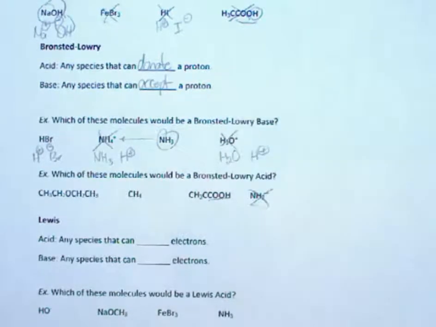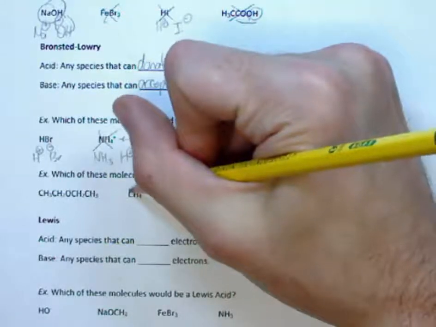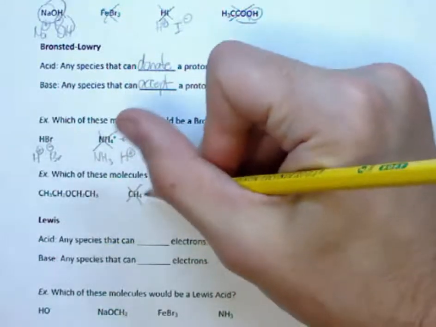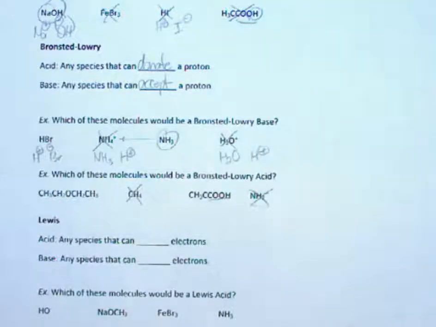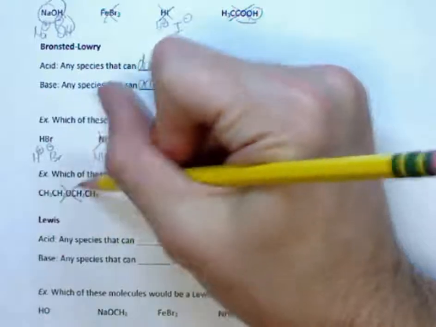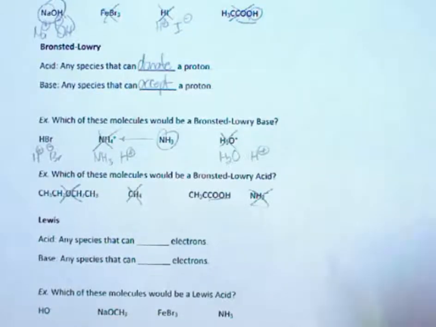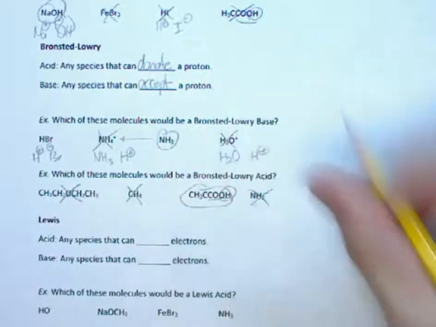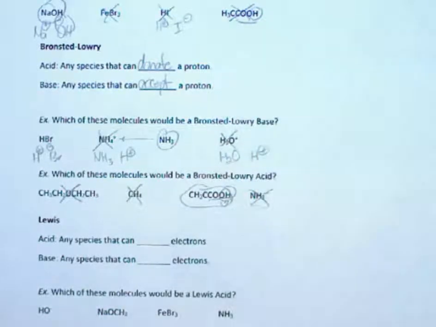So that would not be a Bronsted-Lowry acid. We have methane, which is inert, it is not going to donate a proton. And the same thing with ethyl ether. So the correct answer is the carboxylic acid, because it's going to be able to lose that proton.